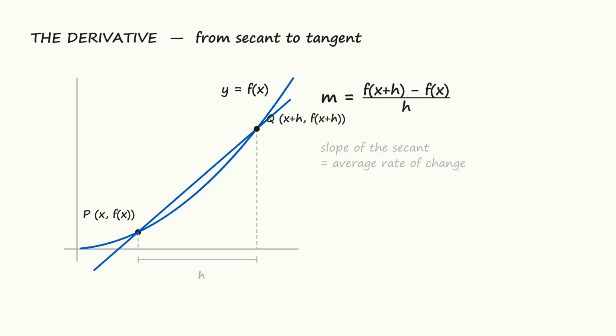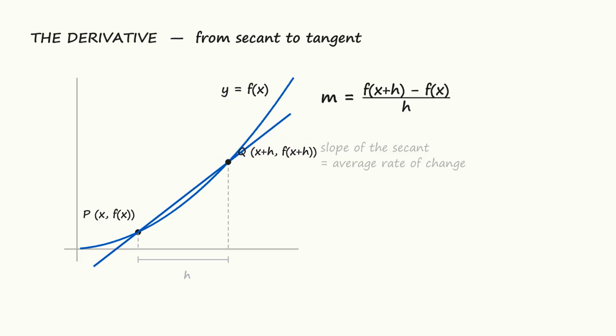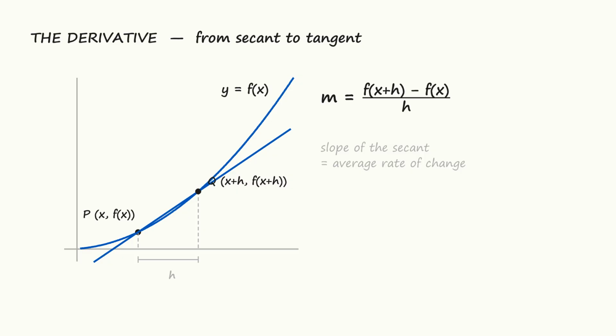Now watch this. Slide Q toward P. Closer. Closer. As h shrinks to 0, that secant stops cutting the curve, and begins to touch it. The secant has become the tangent.